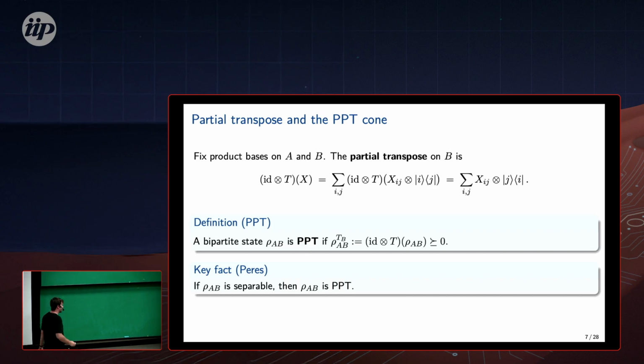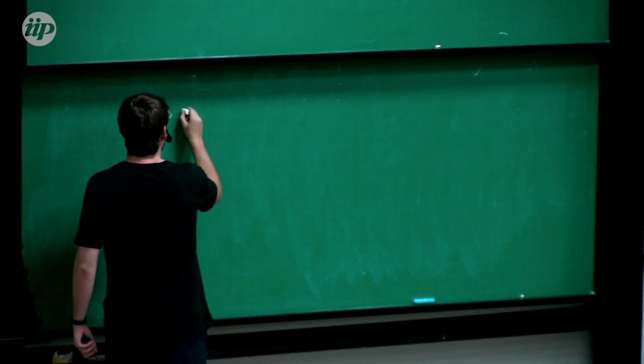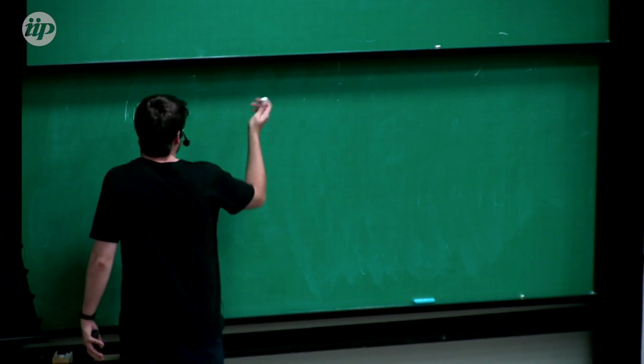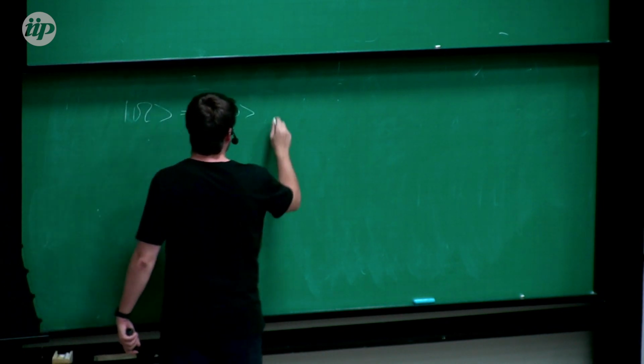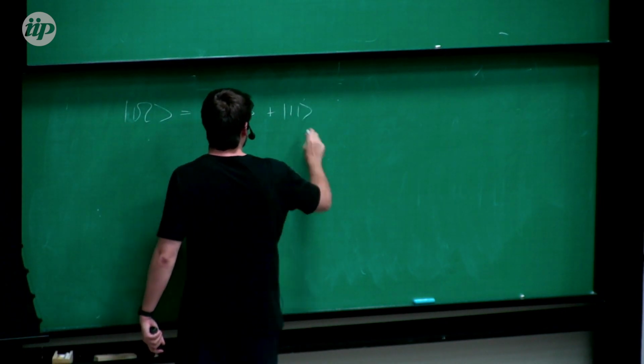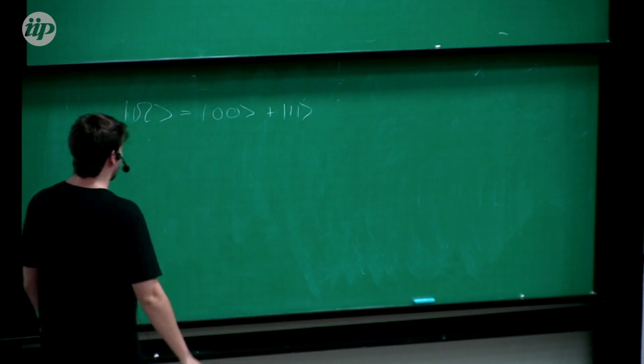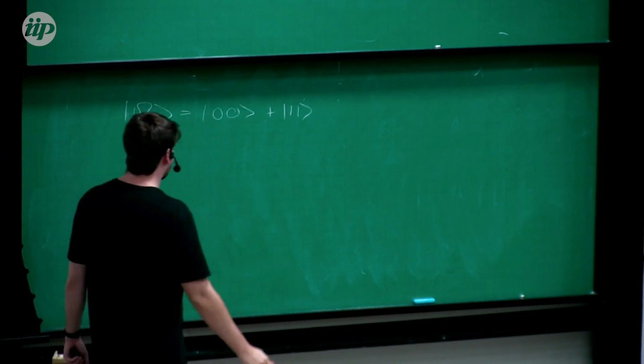So let's take our favorite friend, the maximally entangled state. I'm not going to normalize things, so it's a bit easier. So on, let's say, 2 qubits, this state is the so-called maximally entangled state.